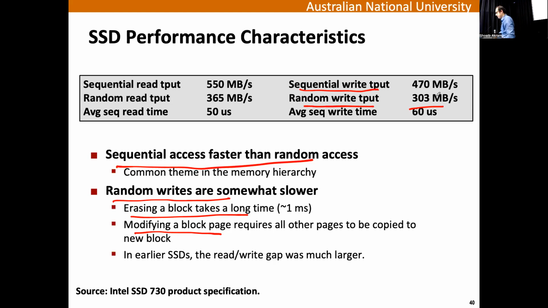This is bandwidth: how much can you do per unit of time? So I'm showing you that once again, even though we have a smarter semiconductor technology, which has no moving parts, we are still stuck with this property that sequential accesses are faster than random accesses.